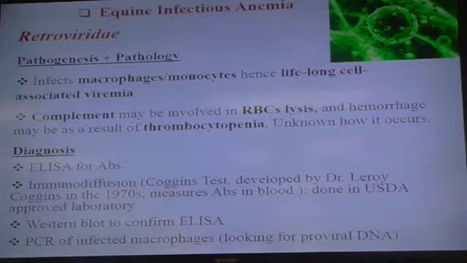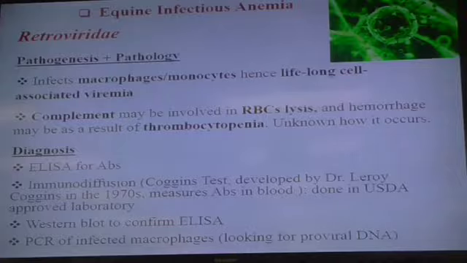And this is usually done in USDA-approved laboratories. Now, this test is used heavily when it comes to moving animals from one state to another, or moving animals to exhibitions. They need to be sure that those animals are free of the infectious anemia virus.